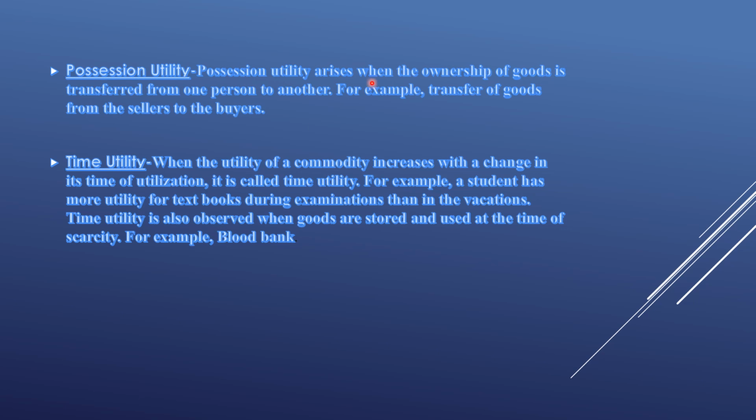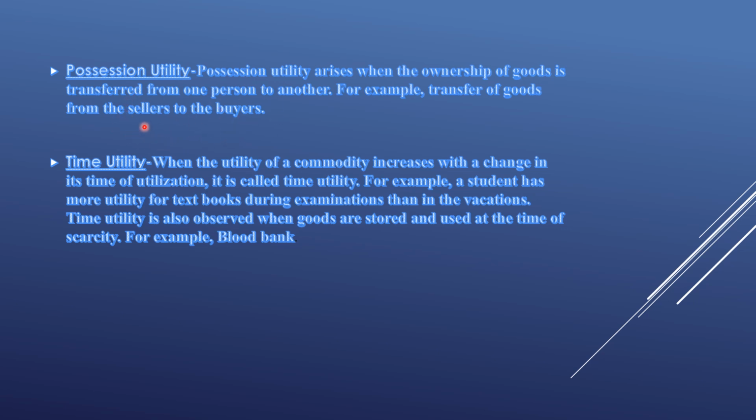Possession utility arises when the ownership of a good is transferred from one person to another. For example, transfer of goods from the seller to the buyer. So basically it is the transfer of ownership from one person to another person. If the vegetable was first brought by whom? By the seller. After that, who bought this?